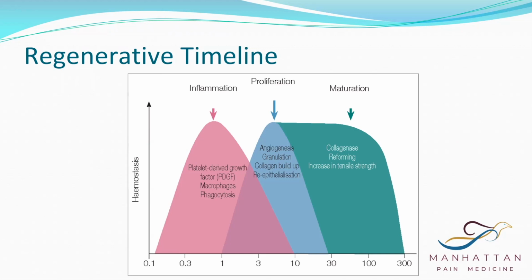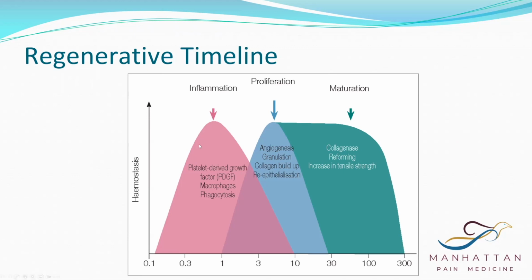Some patients, maybe 2 weeks if they're a little bit more sensitive and inflamed, but we don't put them in braces or boots or restrict any activities during any of these phases. And we encourage pain-free progressive range of motion, as well as strengthening, guided by a therapist.